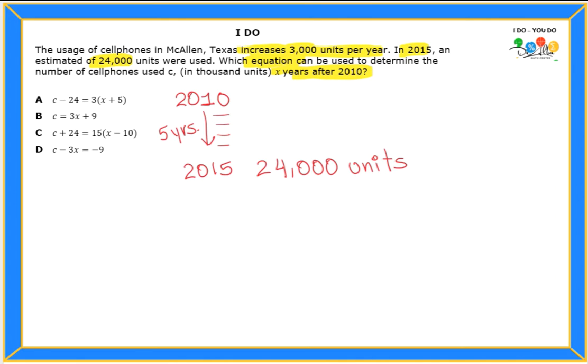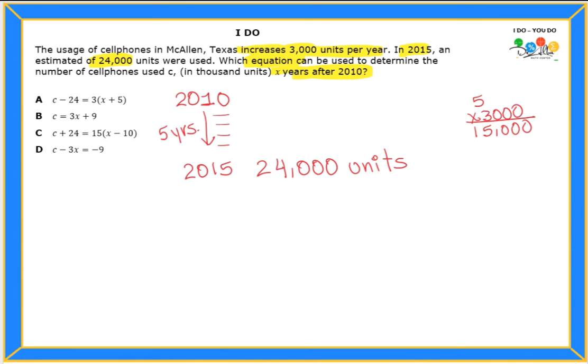So I hope you understand why we are going to multiply 5 times 3,000, because of the 5 years and 3,000 per year. That gives me 15,000. So from 2010 to 2015, it went up 15,000 units.